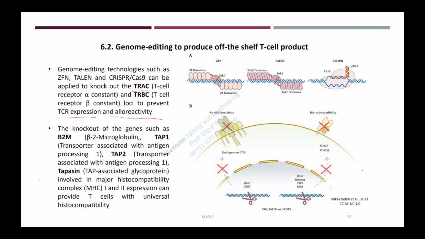So this is the T cell, and here the zinc finger nuclease, TALEN, or CRISPR machinery, anything can be utilized. In the zinc finger nuclease, the zinc finger domains along with the FokI enzyme make a cut and disrupt the locus via NHEJ or the HDR-mediated method.